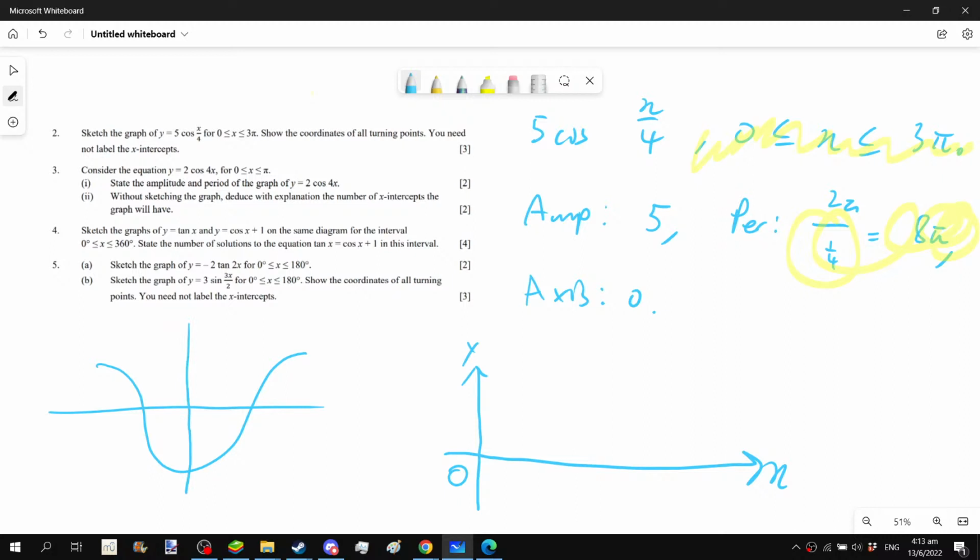I'm going to divide it into 2 pieces, divide it into 4 pieces, divide it at the 3 over 8 mark, and you'll only be drawing the first 3 over 8. Like that. Right?